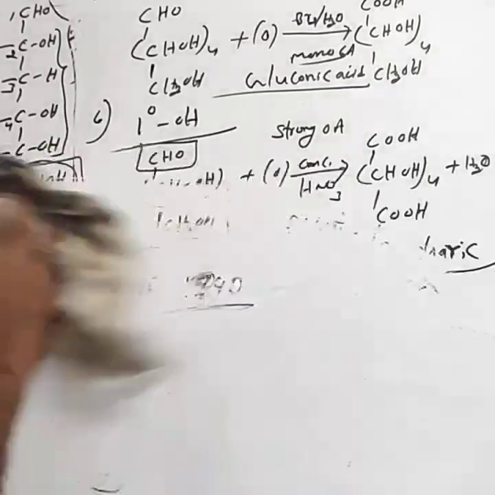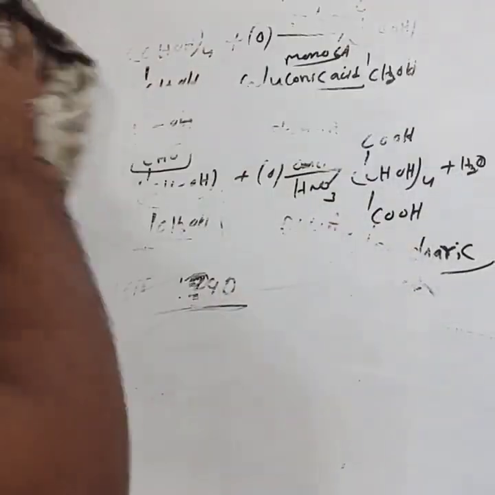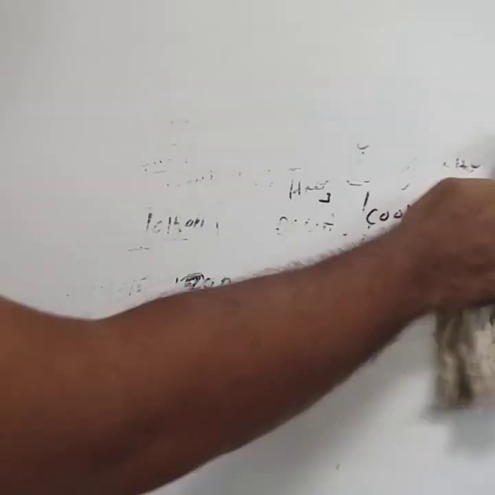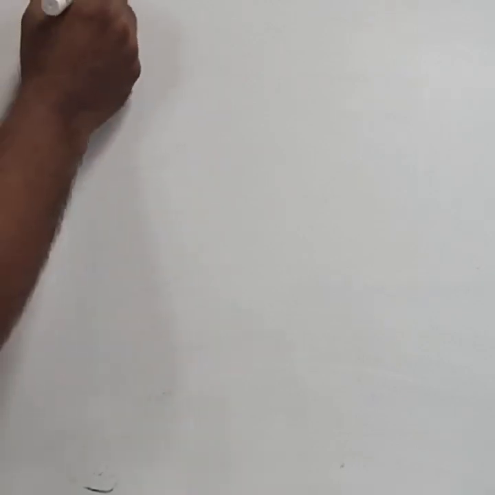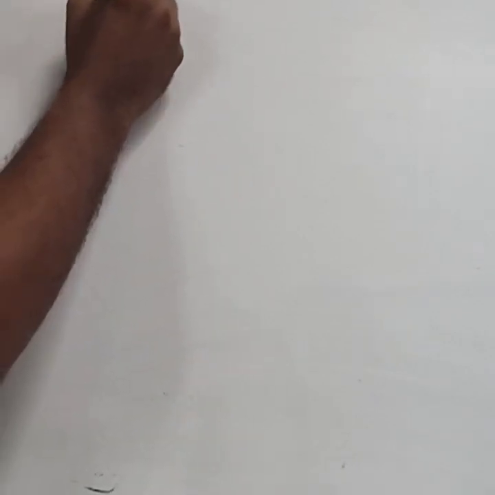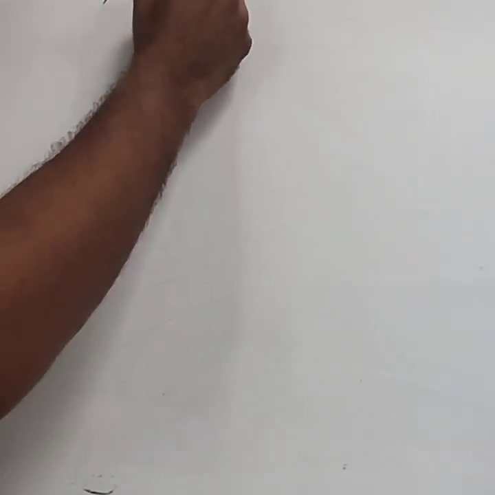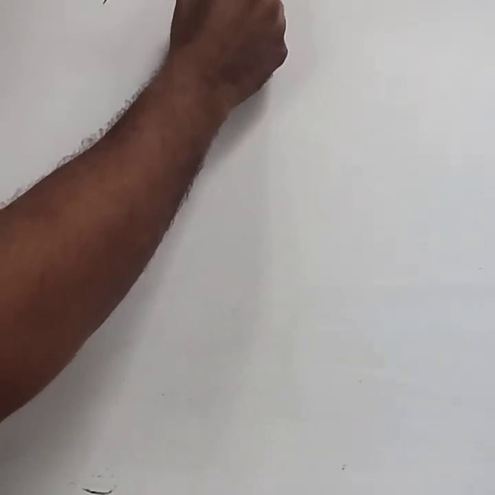Next, by using this open chain structure, you can consider other structures, that is the cyclic and Haworth structures. Before going to the cyclic and Haworth structures, we consider the capital D and L notation.